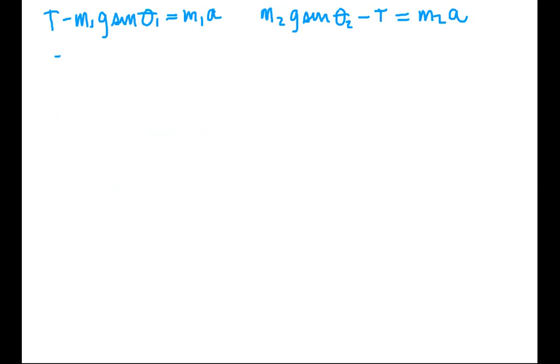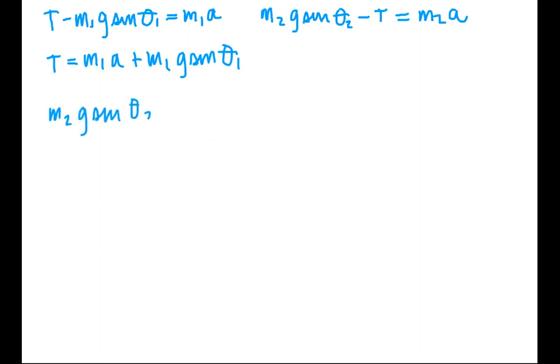So we have T is equal to M1A plus M1G sine theta 1. And then we plug that into the second one. So we have M2G sine theta 2 minus, make sure you add the negative sign to both, M1A minus M1G sine theta 1, and that is equal to M2A.